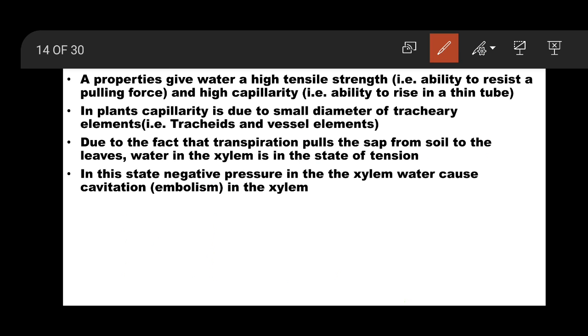Same thing is happening here. In this state of tension, the negative pressure in the xylem, the sucking force acting in the xylem, causes cavitation. In scientific language, it is known as embolism. That is the formation of air bubbles.